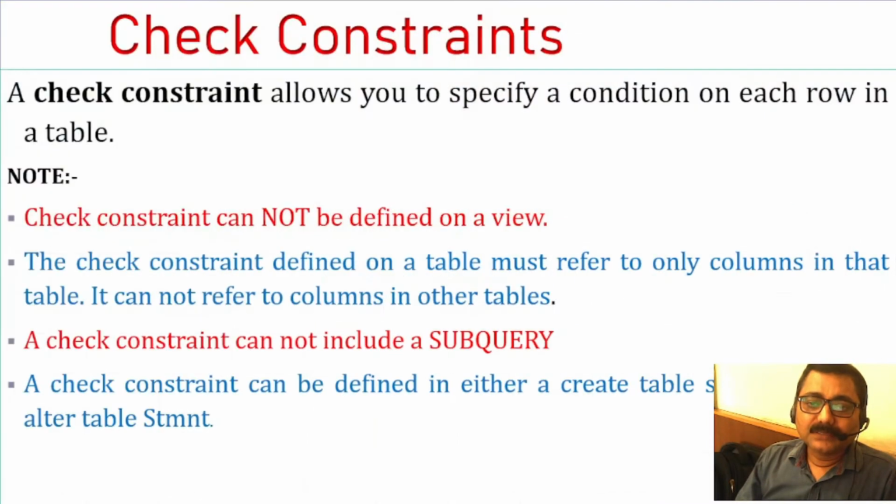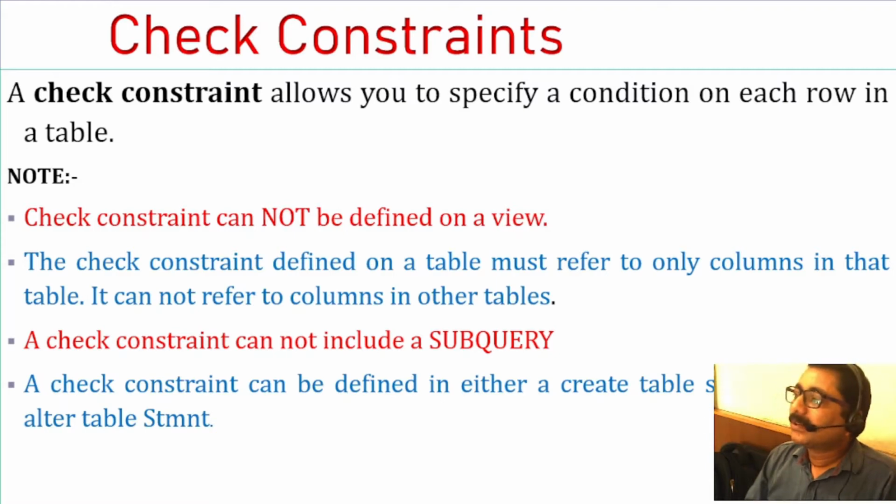So let's go ahead. These are some preliminary information we must know before using check constraints. Check constraints allow you to specify a condition on each row of a table.